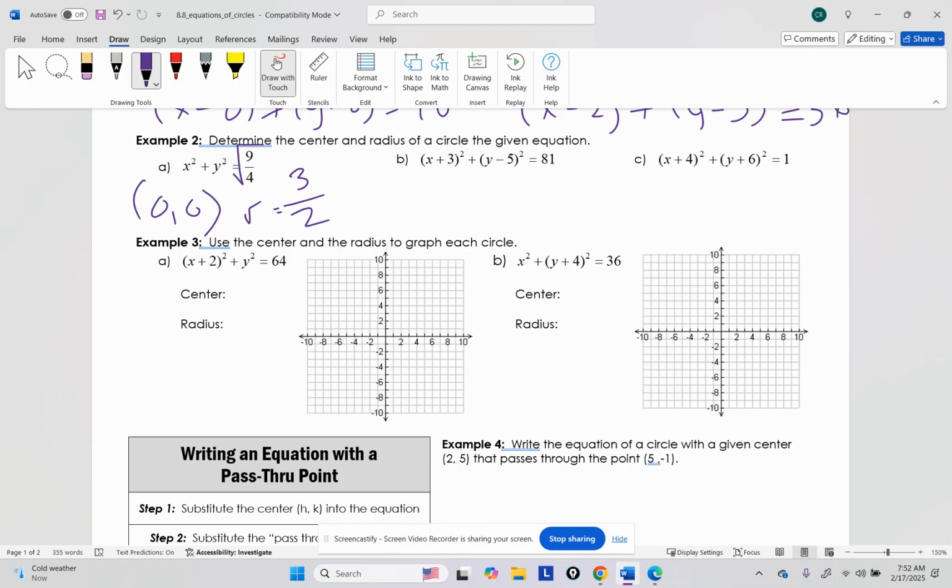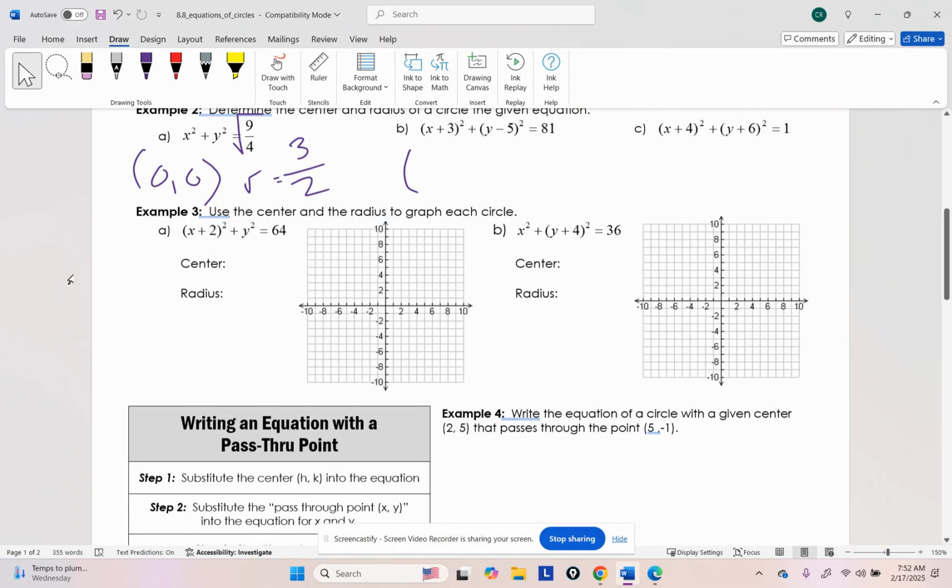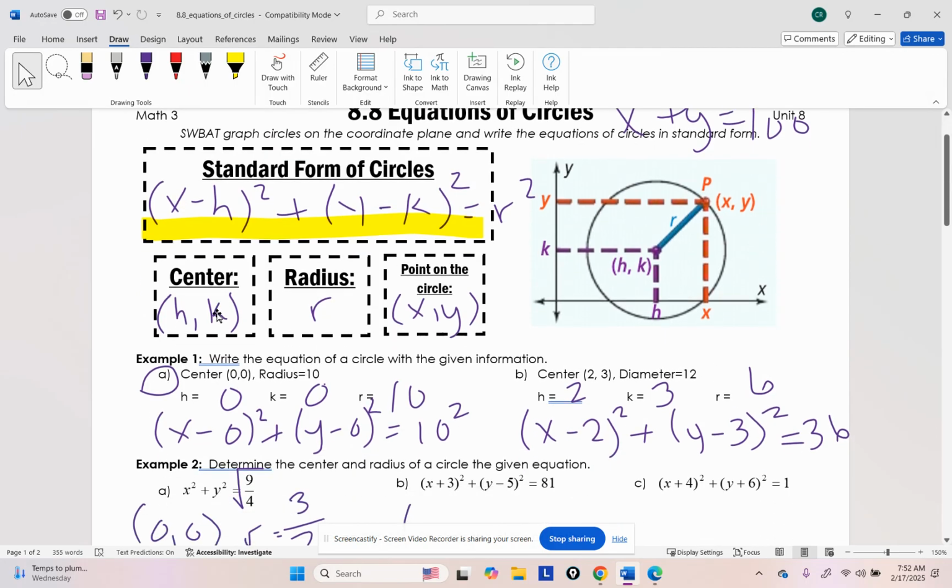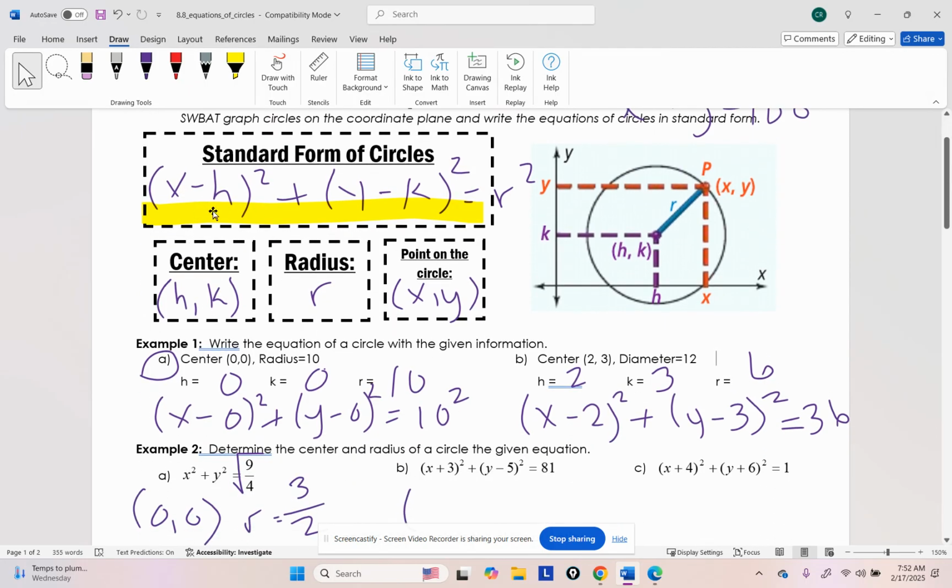Okay. So for B, we got x plus 3 squared plus y minus 5 squared equals 81. This time we have something added or subtracted to my x's. So now we're going to have numbers for our center. So this one is x plus 3. But if we remember, in our original equation, it's always x minus, okay?